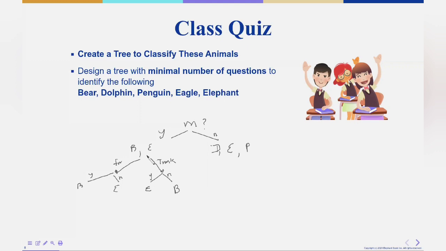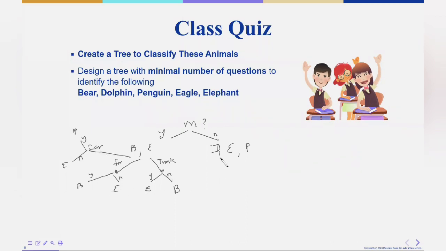So your questions can be fur or not, trunk or not, whether it's a carnivore or not. If yes, bear; no, elephant. Good, I think this side we have pretty well covered.